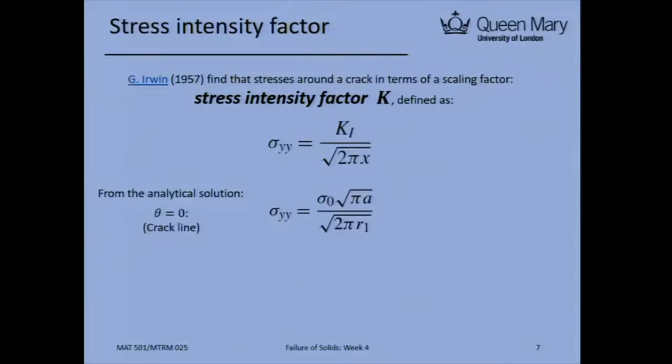When you compare the equation we derived before, the only difference is at the crack tip. The bottom part is the same. If you assume x equal to R1 in any position, the only difference is the top part.